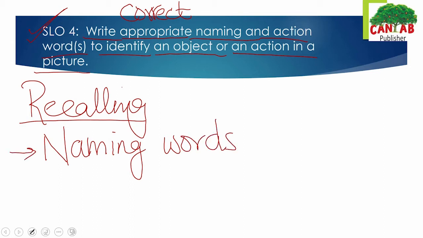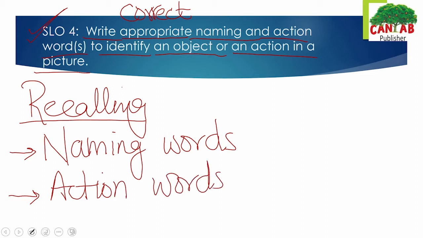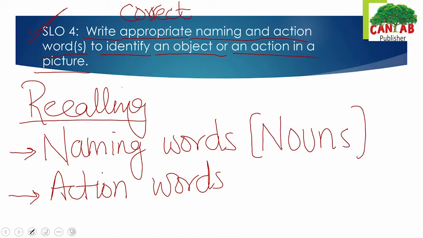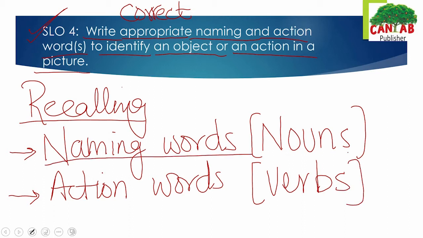I will highly appreciate it if you participate and recall those words and those actions we have learned so far. Action words. Naming words are called nouns. Yes, and action words are called verbs. Naming words, nouns, action words, verbs.